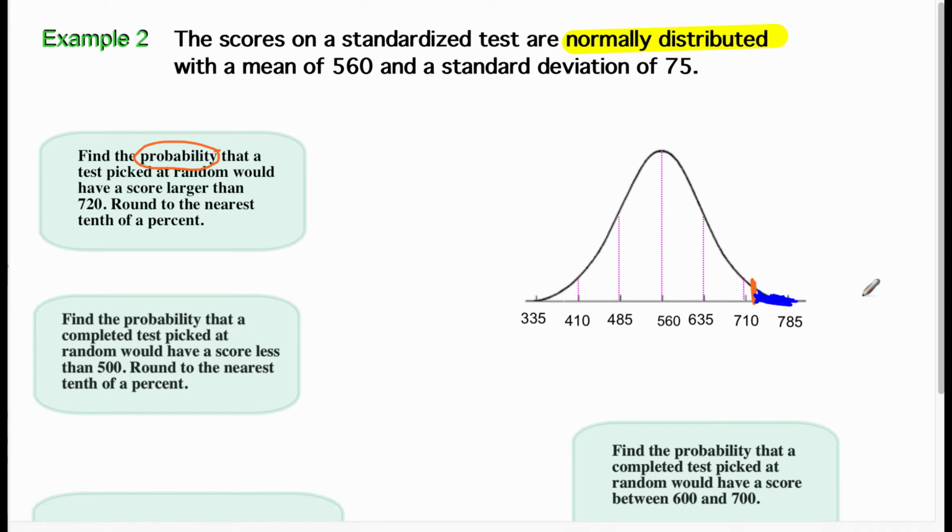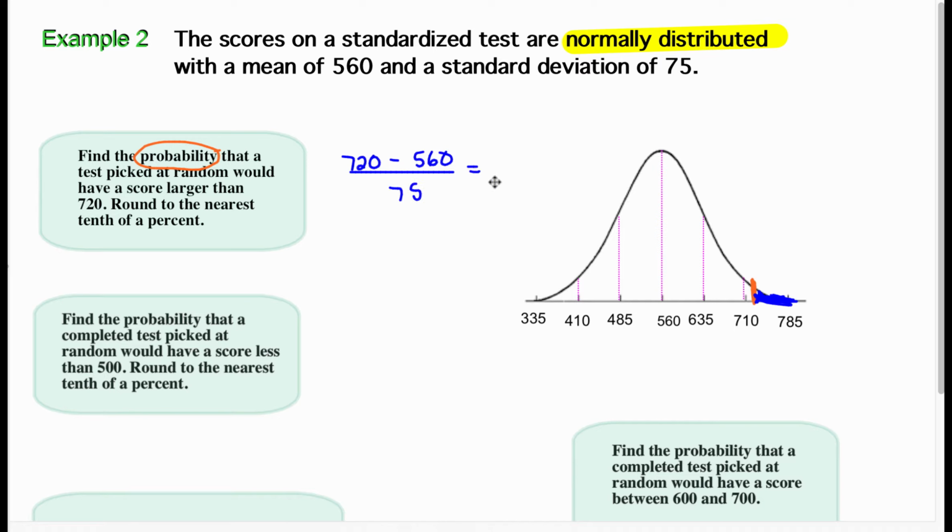Of the bell curve? Well, I'm going to do a z-score. I'm going to say, okay, 720 is what I'm looking at, minus 560, divided by 75.